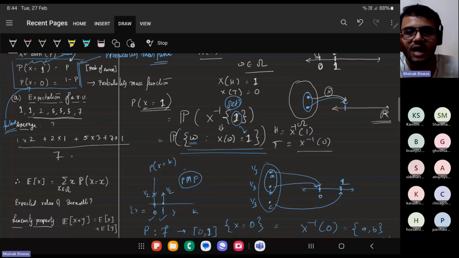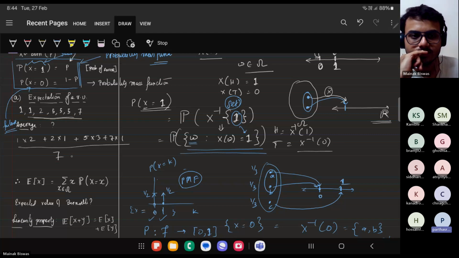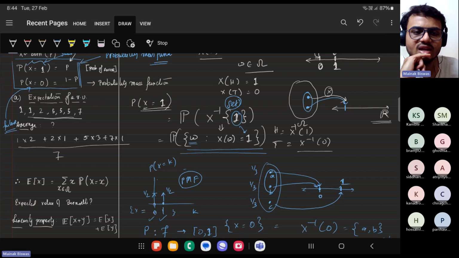Will you tell me this is the average? Then we are assuming that all of them are equiprobable, so there is no probability here. If you are told to find the average of this sequence, you will say this is the average, right? Yes, by your class 1, 2 definition, this is your average.